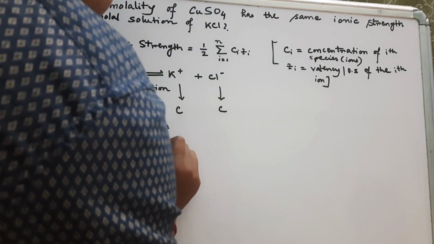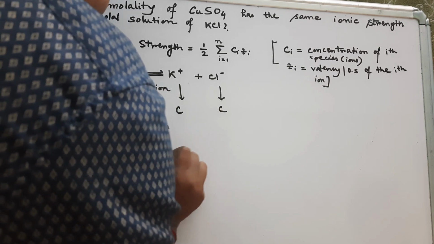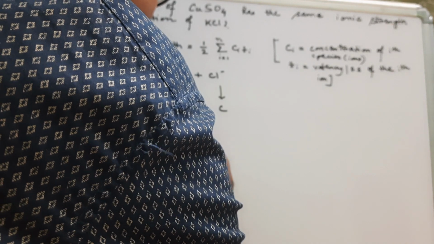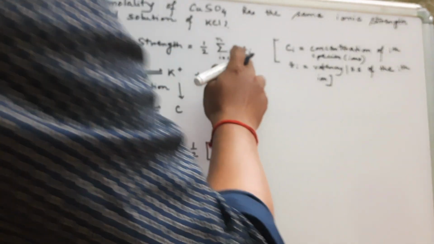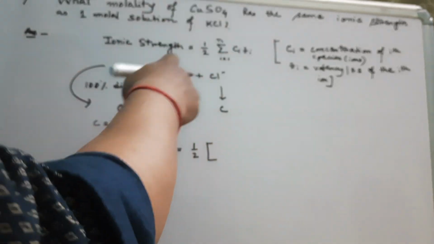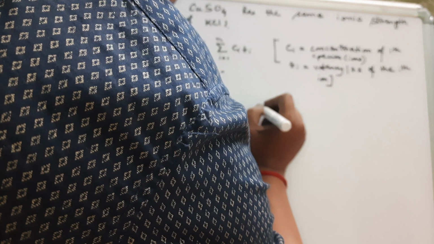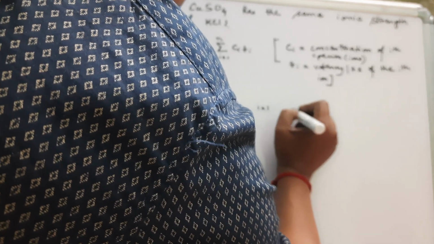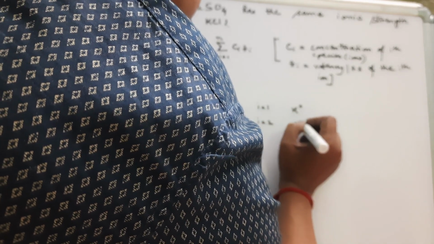The ionic strength of potassium chloride will be half the sum over i. Ci means the ith species. Here there are 2 species: i equals 1 is potassium, and i equals 2 is chloride.